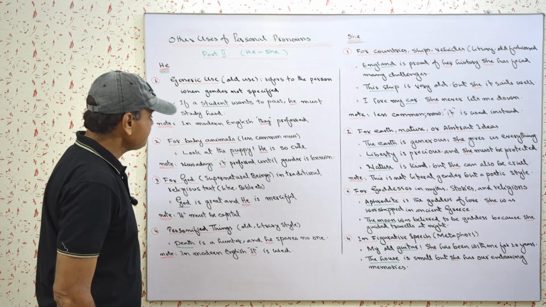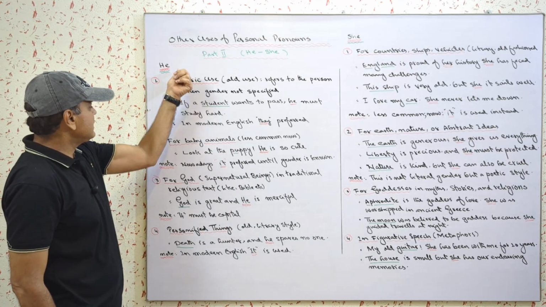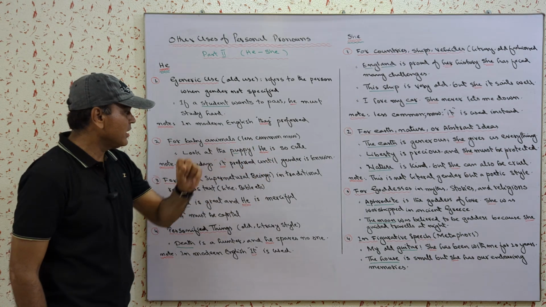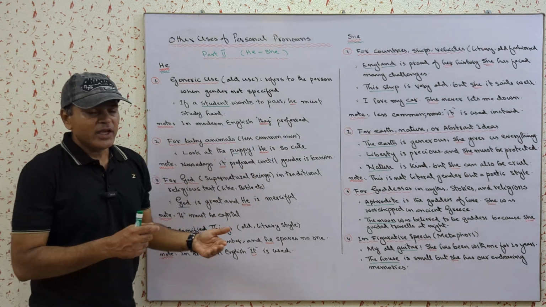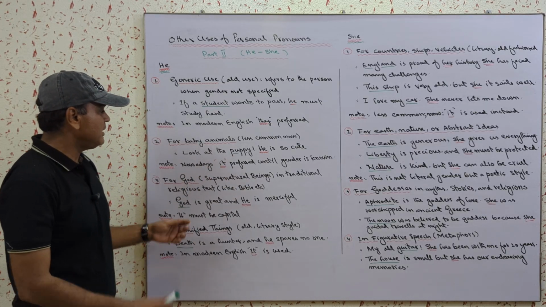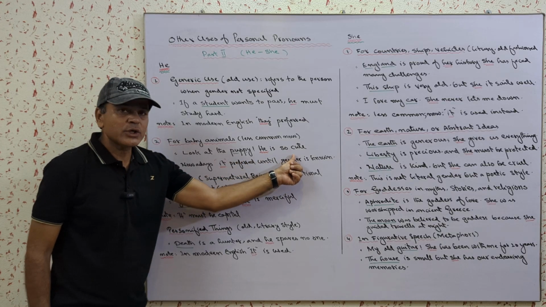The next use of he is for baby animals, and this is also less common in modern English, but still here and there you come across it. For example, look at the puppy, he is so cute.